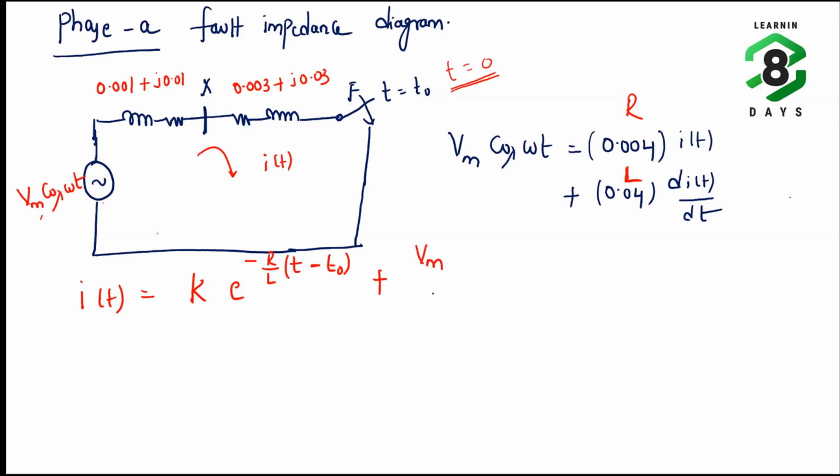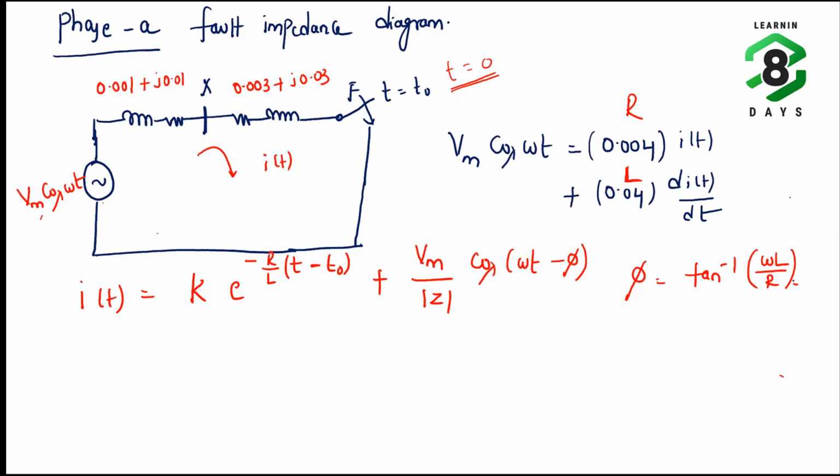Vm by mod z into cos of omega t minus phi, where phi is equal to tan inverse omega L by R.